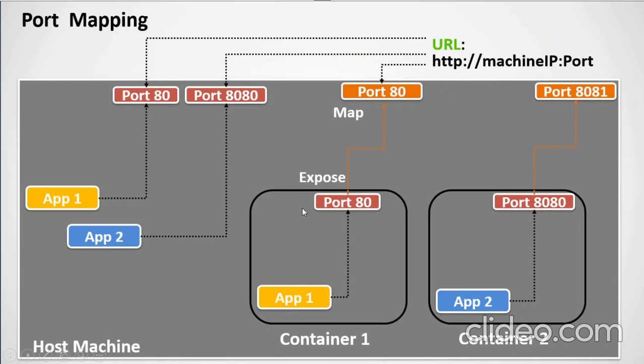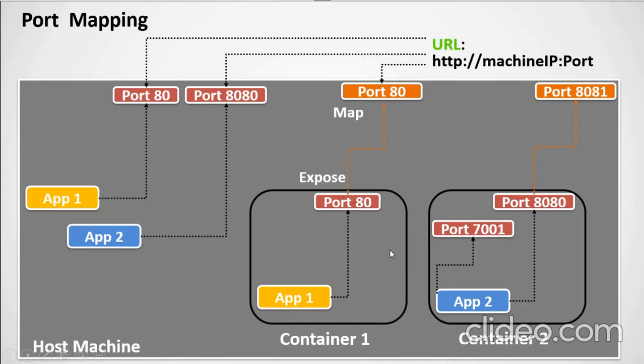So like this, you can have multiple containers, and from each container, whatever the port is coming, you need to expose and map it to the port which is available on the host machine. For example, you can have another copy of this, and that can also expose port 80. Exposing is not the problem.